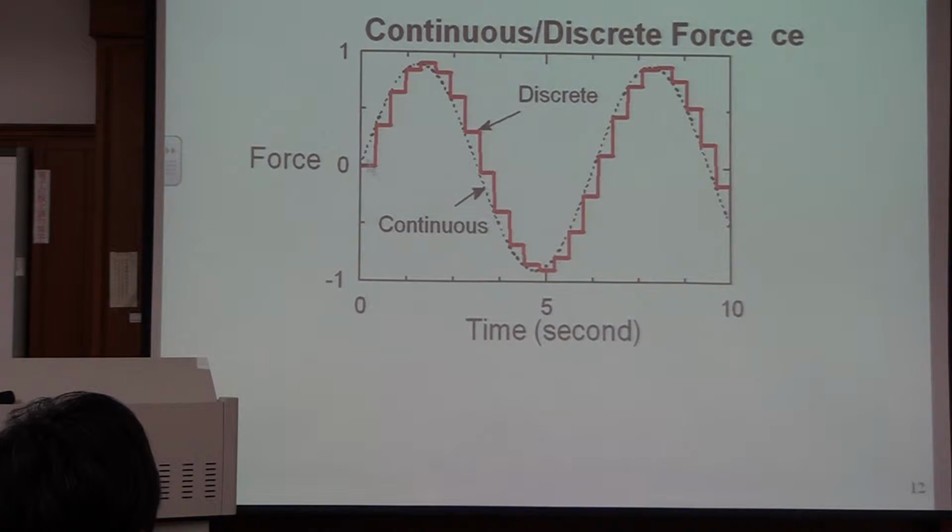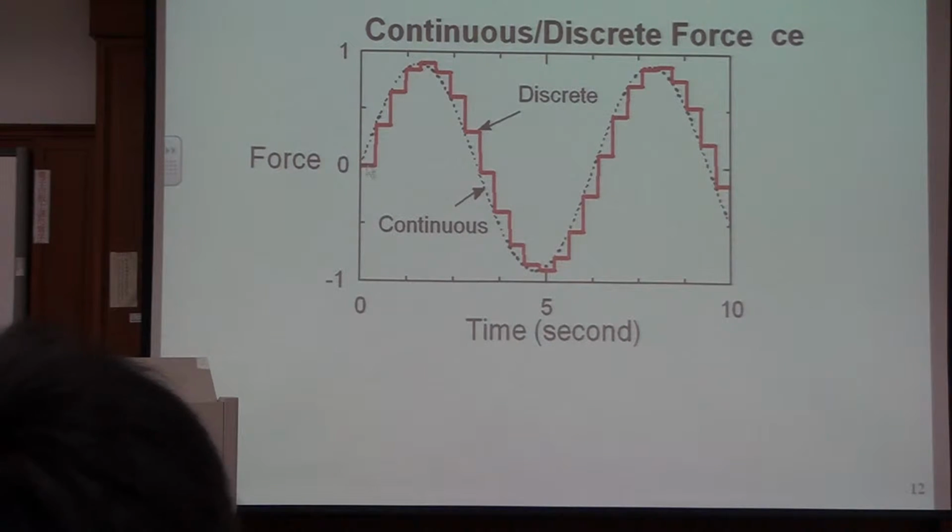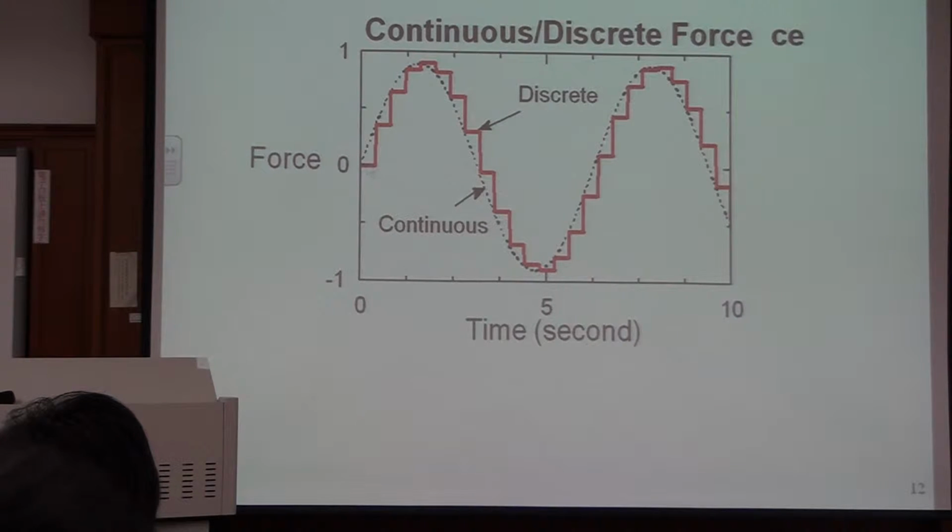So, when you use a computer to apply a force to a system, in matter of fact, you apply this discrete input, a zigzag discrete input. It's not like this continuous input. So you apply a sine wave to the input.